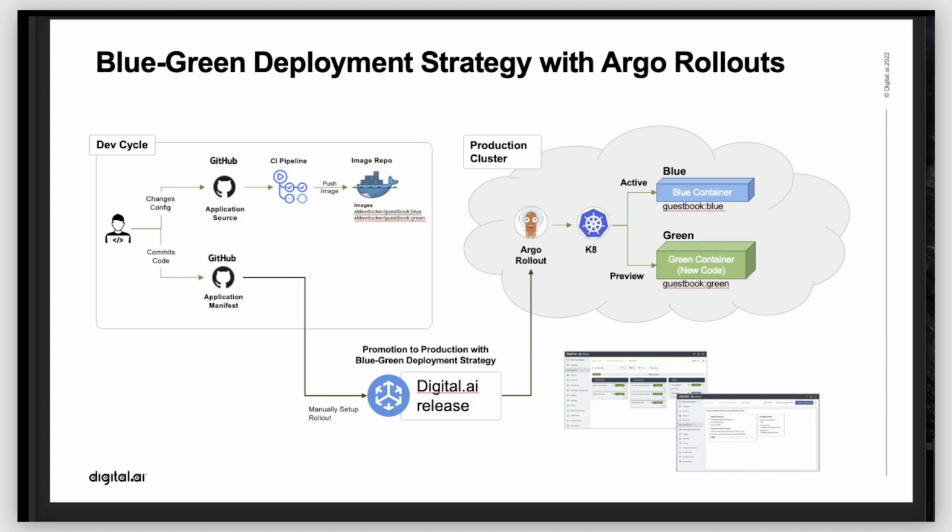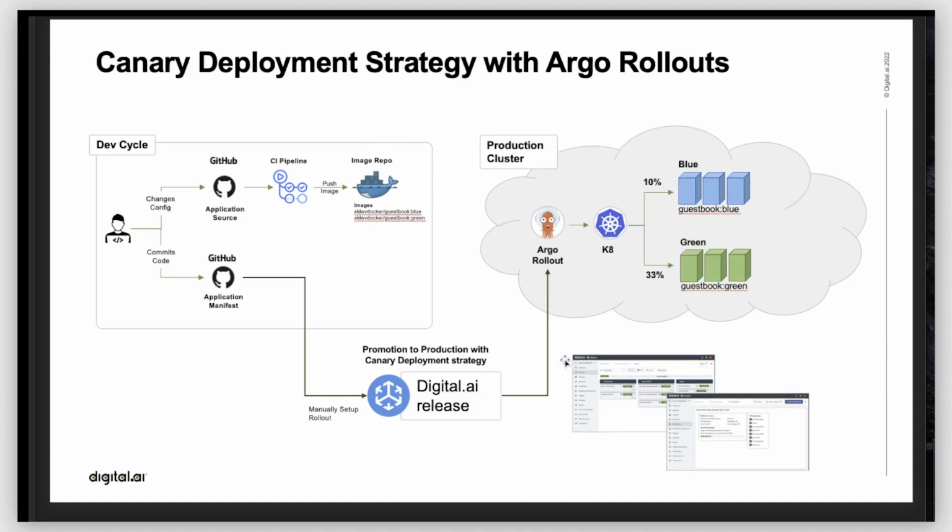Initially, only the blue version will receive the user traffic. The deployment strategy allows developers and testers to run tests against the new version, the green instance, before switching the live traffic to it. Let's see the scenario in action.